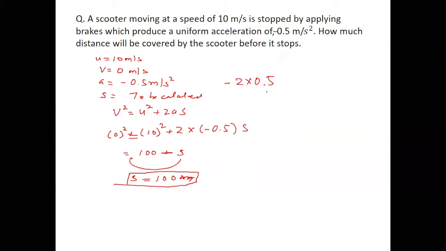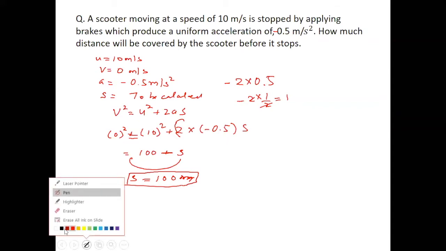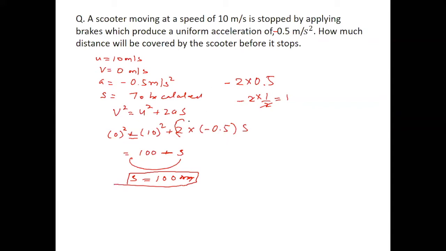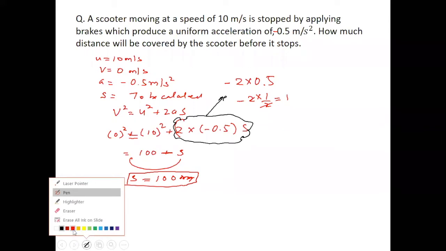So if you multiply by 2, you can write it like this. It's 1. So minus 1. Okay. So 100 minus s. You can see this this way. Okay. Any doubt on this?